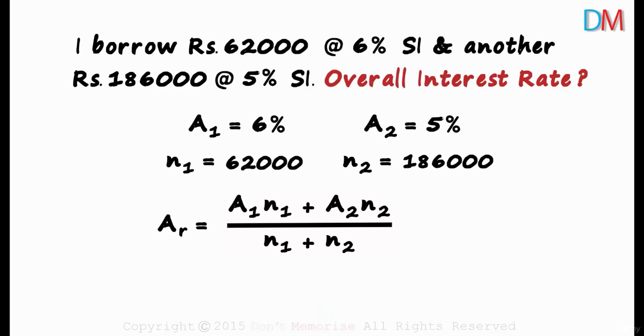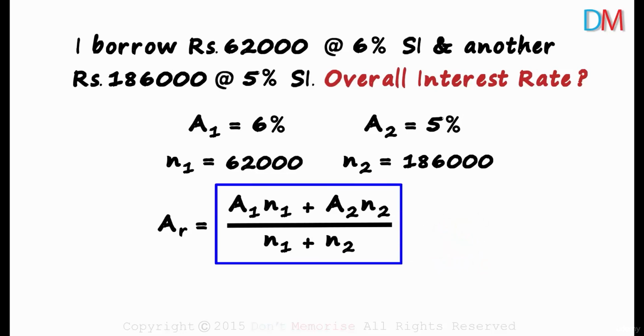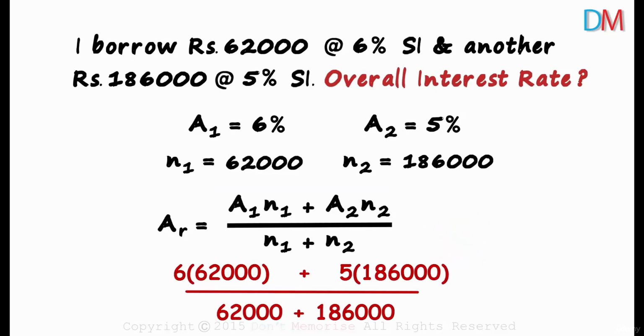Okay, if you tried answering it, I'm sure most of you would have got the correct answer. But I repeat, in your test prep exams, what matters most is how quickly you get the answer. There are two common mistakes that students make here. First, they substitute the values and write the percentages in fraction form. They write 5% as 5 over 100 and 6% as 6 over 100. This is not necessary at all.